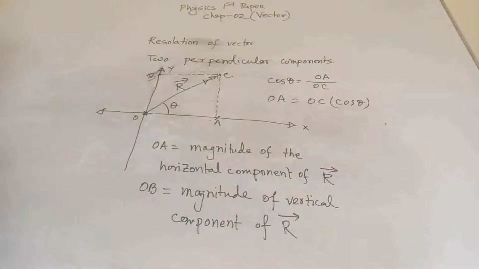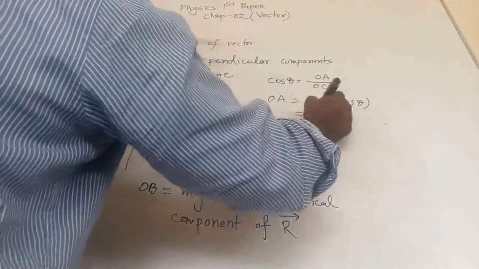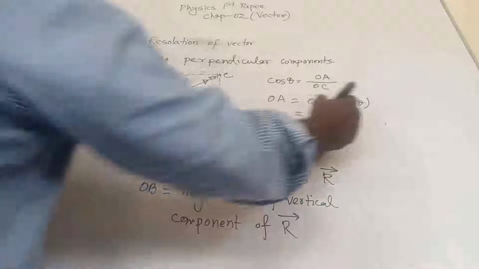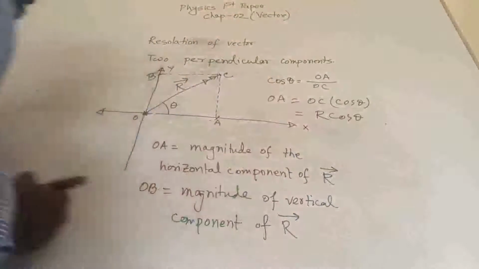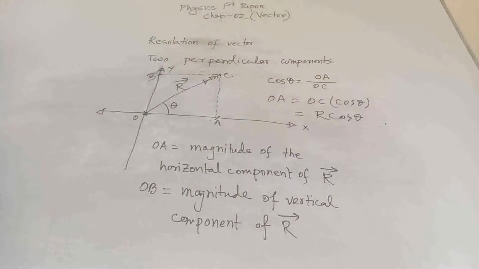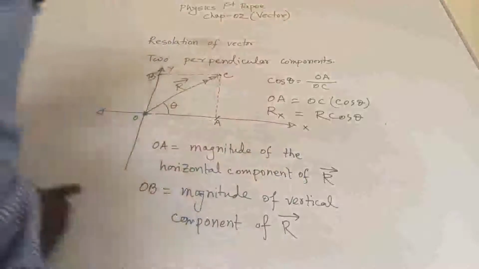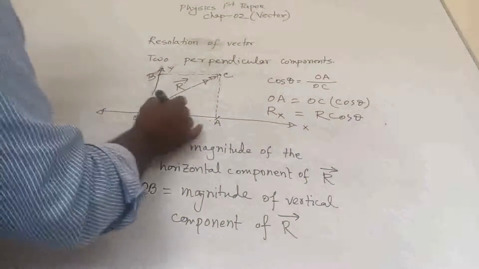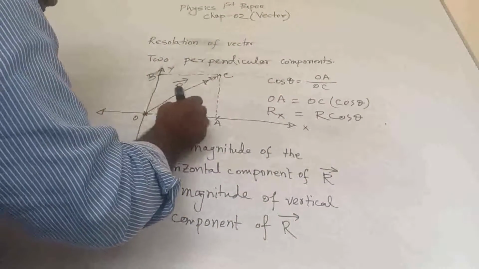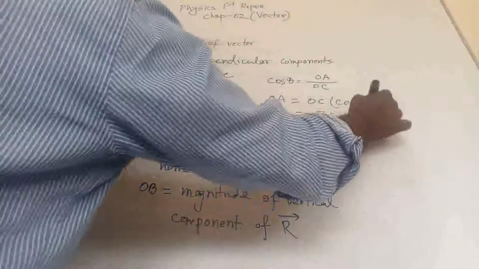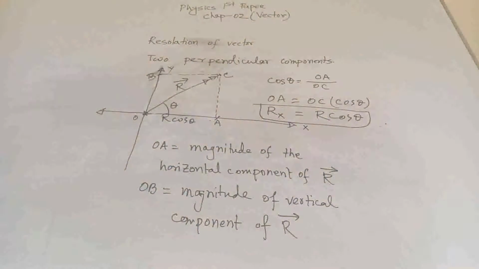The length of OC is the magnitude of R vector, so OC can be denoted by R. And OA is the horizontal component of R vector, so we can denote it by Rx. So OA is equal to R cos theta, denoted by Rx.